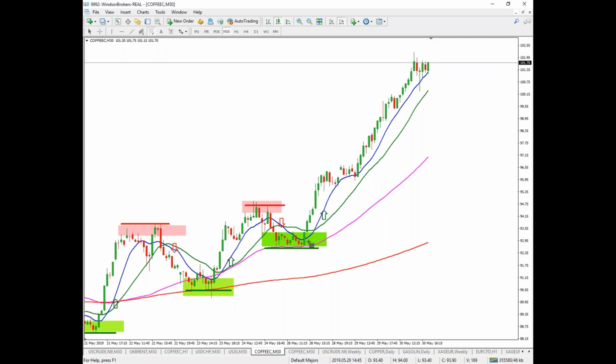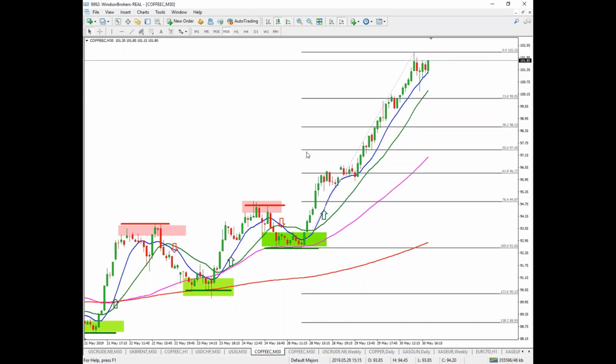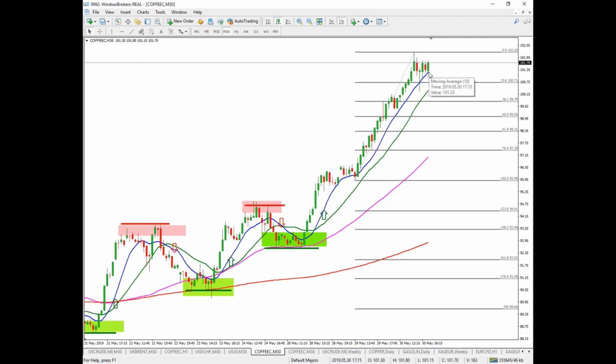So let's take a look at other important support and resistance levels. Let's take Fibonacci levels, or let's make it a bit smaller because we have the bull leg from here, let's say 95.90. So our first dynamic support is at the moment at 101.23, the 10 days moving average.